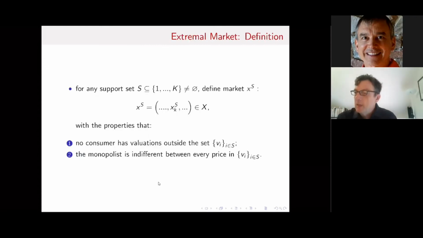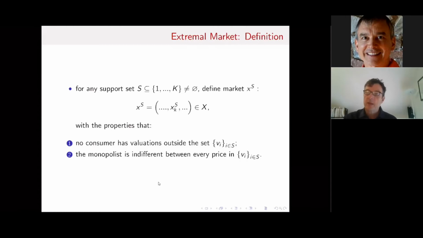Good. So let us now define a little bit more precisely what we mean in a general setting by extremal markets and how we're going to use that to come to our result. Okay. Good. So we already saw by means of the example that what is key for the construction is to think about the support set.